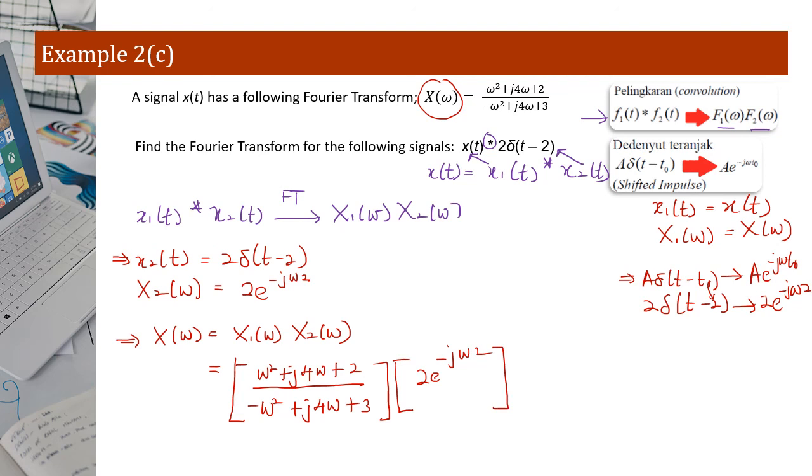Then simplify the equation. So please simplify or solve the equation. Okay, with that, thank you.